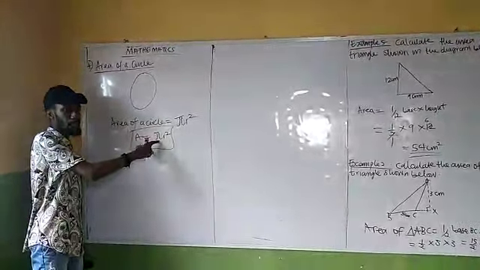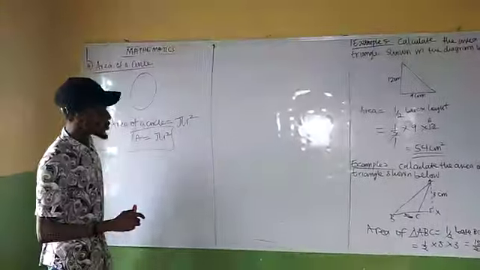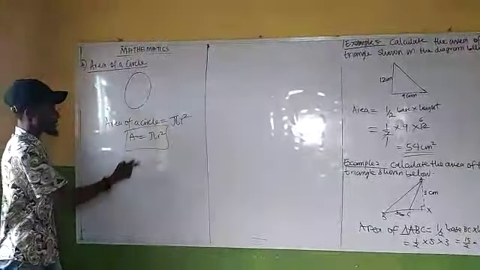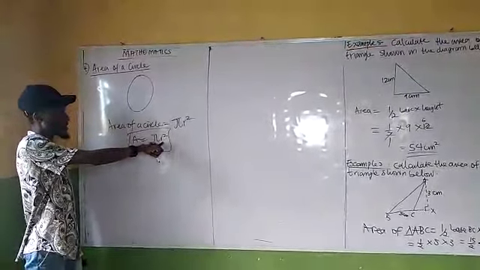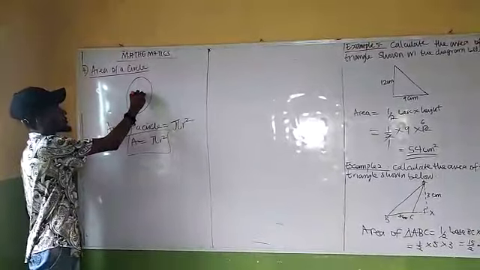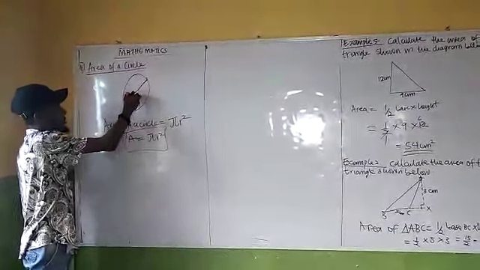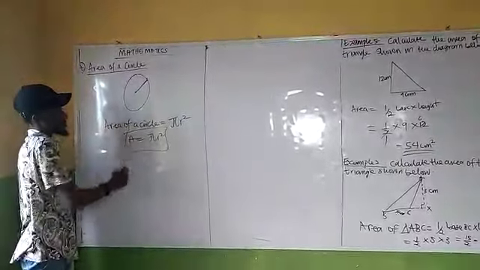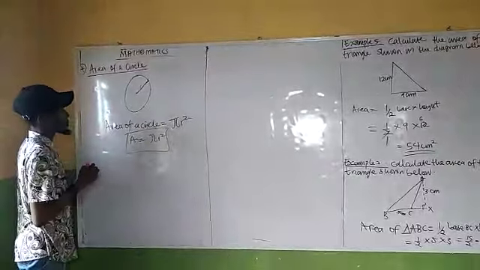This sign here means pi, and it has a constant value of 22 over 7. And r here means your radius. Your radius is from here to this side, or it could be from here to this side. So this is your radius. Take note of that.